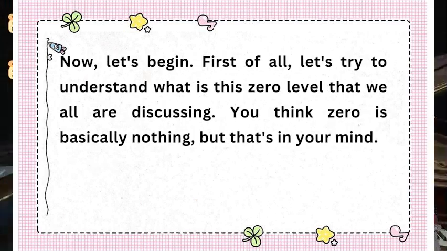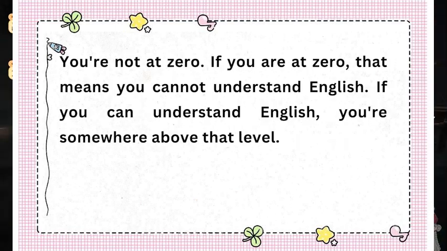Now, let's begin. First of all, let's try to understand what is this 0 level that we all are discussing. You think 0 is basically nothing, but that's in your mind. You're not at 0. If you are at 0, that means you cannot understand English.